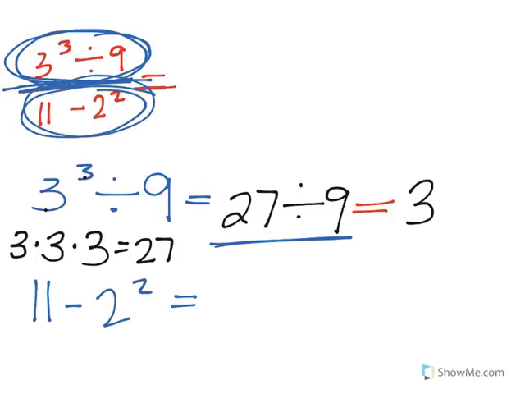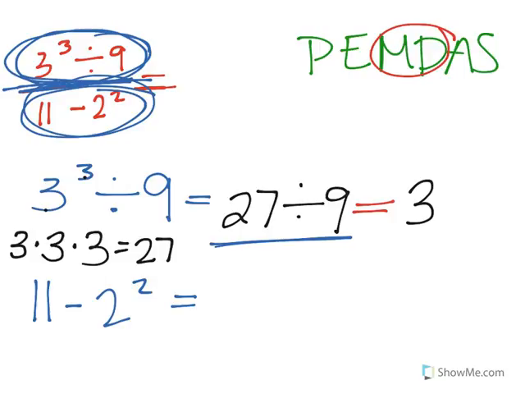Now let's go to the bottom. We have our PEMDAS again. And so we do not have parentheses. We do have exponents, so 2 to the 2, squared, is 2 times 2, which is equal to 4.